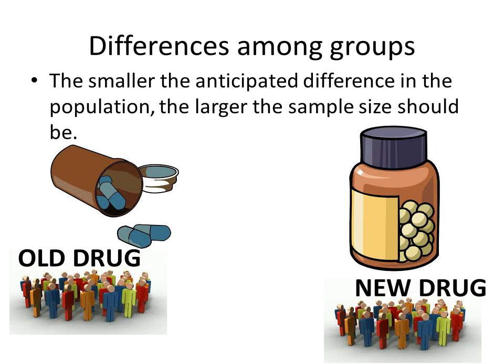Now, one thing that we can look at is when we explore differences among groups of individuals. The smaller the anticipated difference in the population, the larger the sample size should be. For example, let's say a new drug has been developed for relieving headaches, for migraines.